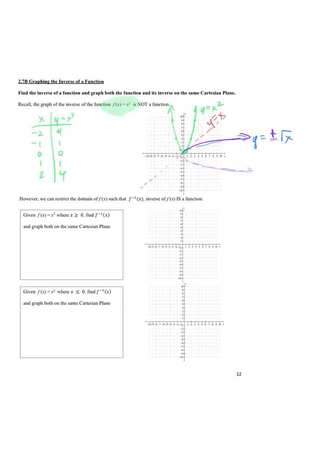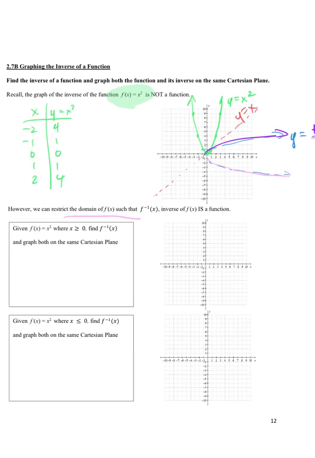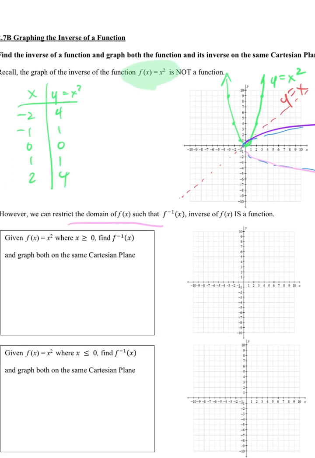Now, I could actually tinker with this parent quadratic function, and I can restrict the domain of the inverse so that I do get a function. And I can look at the original part where we said, I'm only going to focus on the positive square root of x.